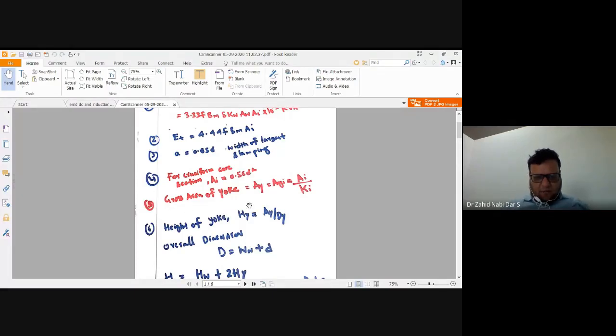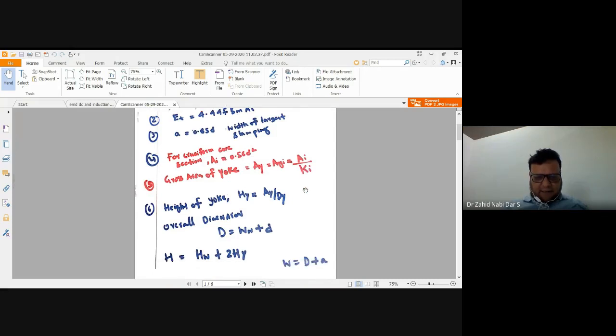The gross area of yoke is given as Agi, which is Ai by Ki, where Ki is called the stacking factor. The area of yoke is equal to height of yoke into depth of yoke, like length into breadth. So the height would be area of yoke divided by depth of yoke.